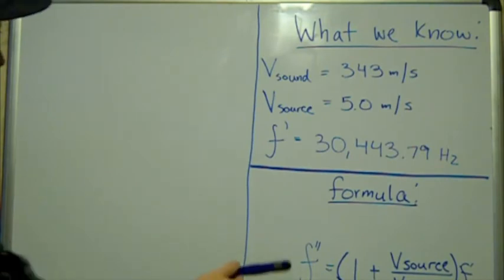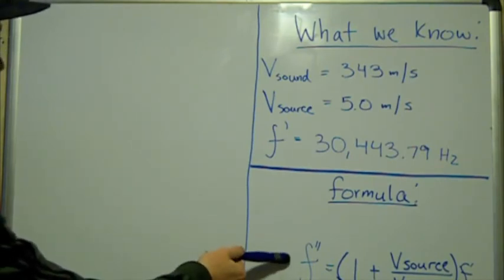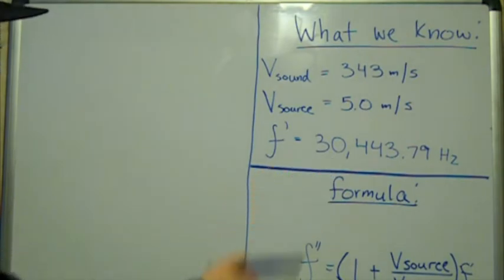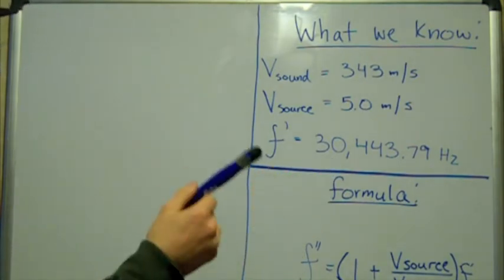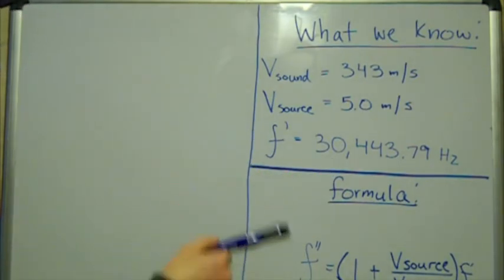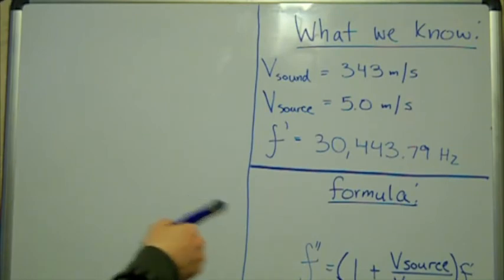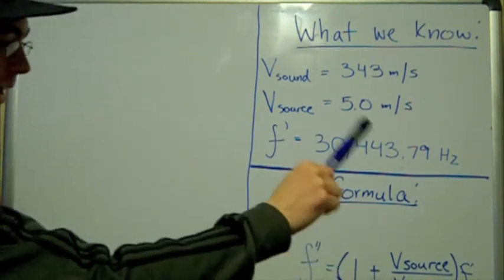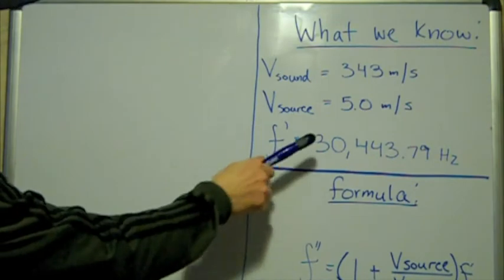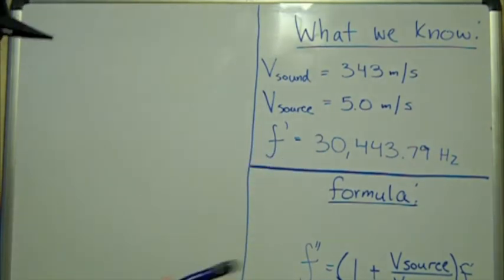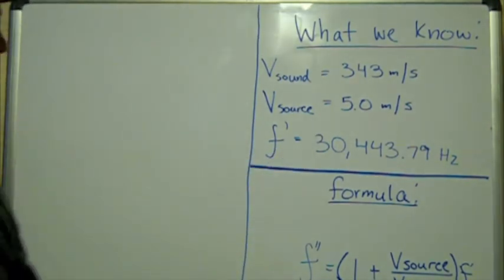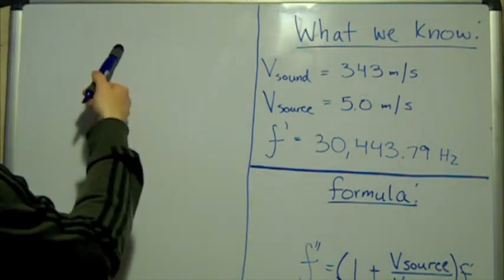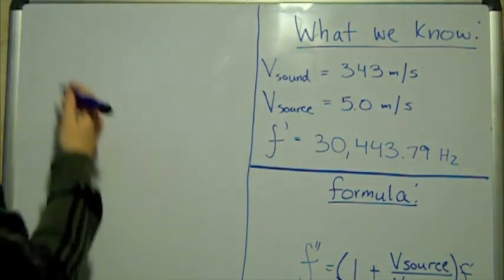So to do this, we're going to use this formula right here, which is f double prime is equal to parentheses 1 plus the fraction v source over v sound, close parentheses, and then multiply all that by f prime from the first step, which is right here. So let's just take this formula, rewrite it up here, and start plugging in some values.